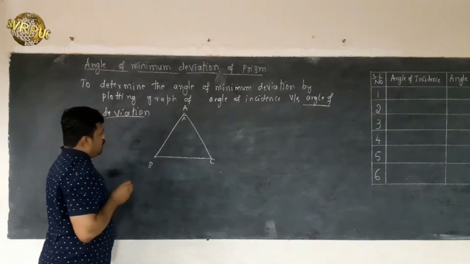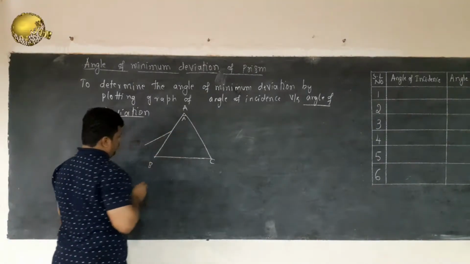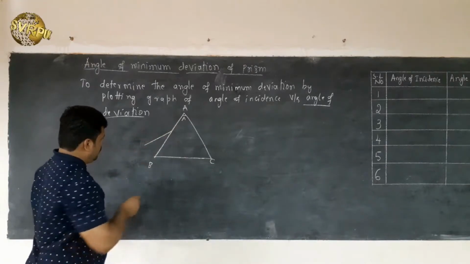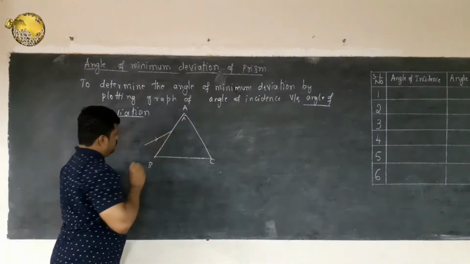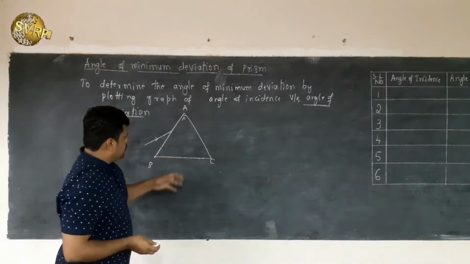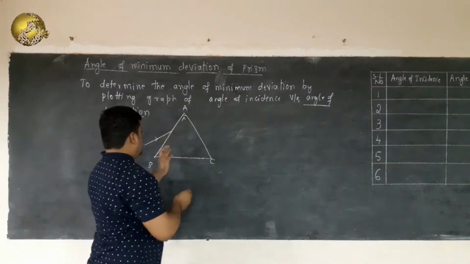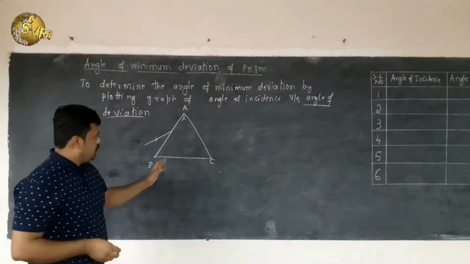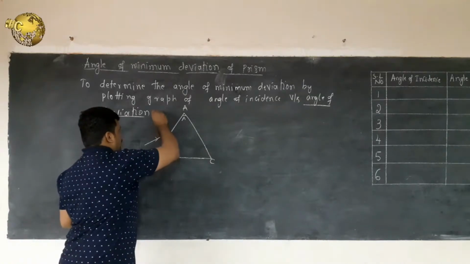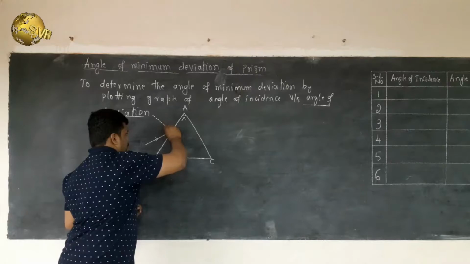Let's consider a light which falls on the surface AB and enters the prism, which is made up of glass. So it is going from air to glass. I draw a normal for the surface AB.